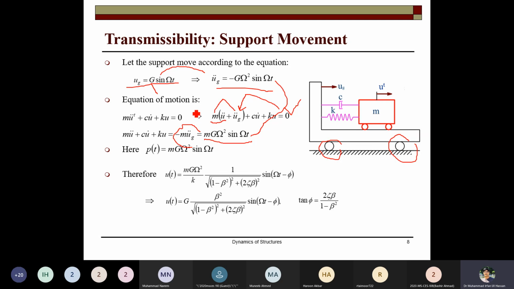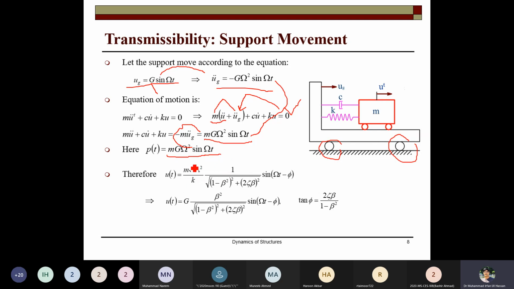It means that this is just similar to the forced vibration, but you will replace your force with m g omega square sin omega t, where g is the amplitude of the ground motion, value of this is a magnitude, any number, omega is basically the velocity of the ground motion, and t is the time.